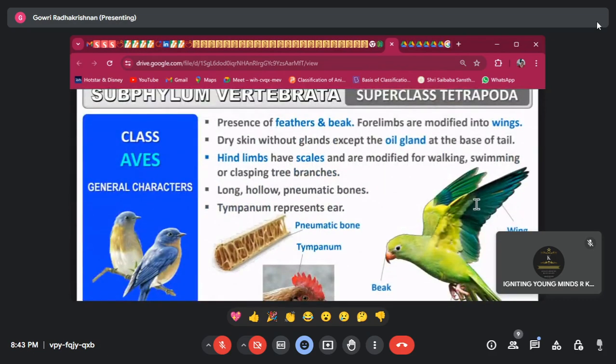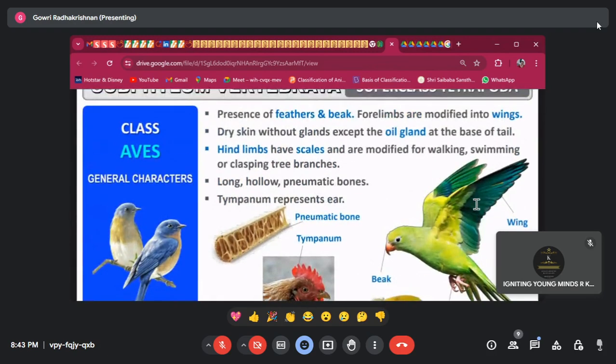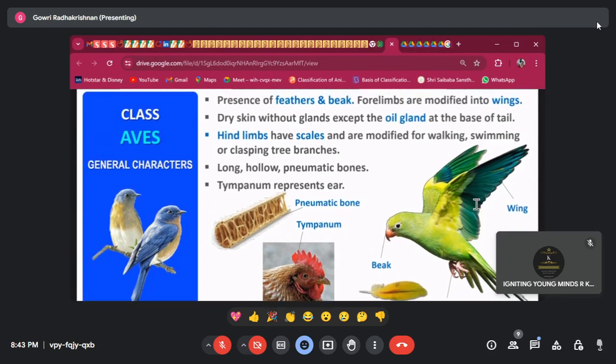Aves: presence of feathers and beak. Forelimbs are modified into wings. Dry skin without glands except the oil gland at the base of the tail. Hind limbs have scales and are modified for walking, swimming, and clasping. Long, hollow, pneumatic bones.